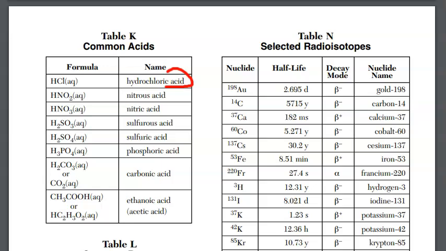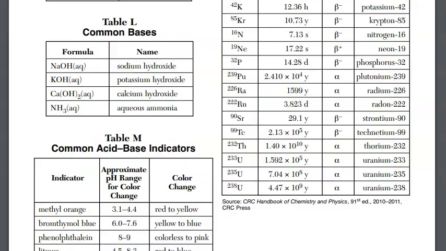With the bases, they are typically a metal and OH. But the exception that I wanted to mention is ammonia, or NH3. That is also a base. It has basic properties. Again, just like the other reference table, if you're not sure, you can certainly come and take a look and figure out if you have acids and bases.